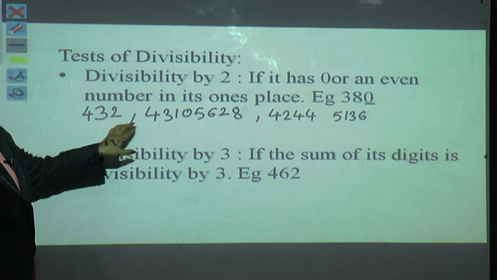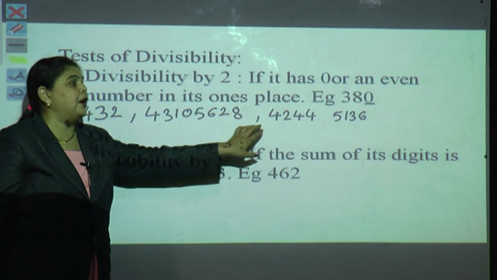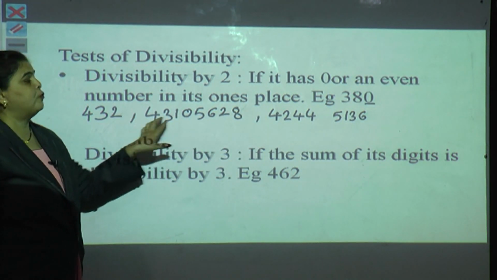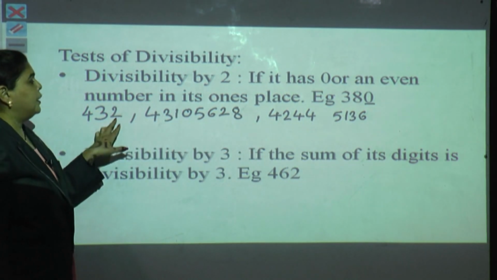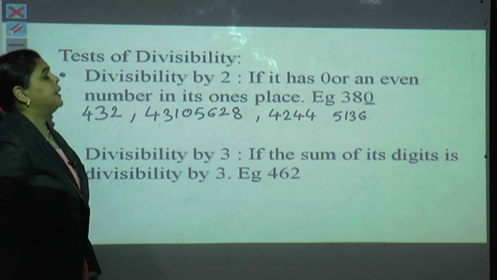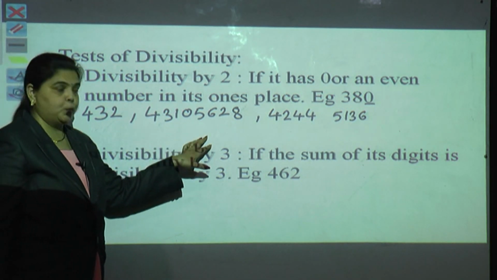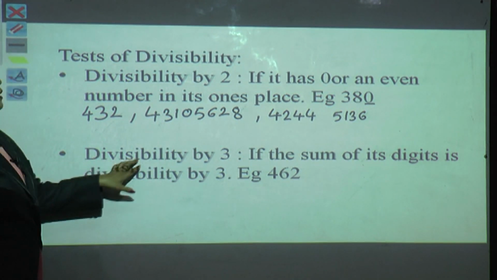I think everyone understood. The number may have any number of digits, it may be a large number also. We just have to see the ones place. If it is 0 or an even number, then that number is divisible by 2.